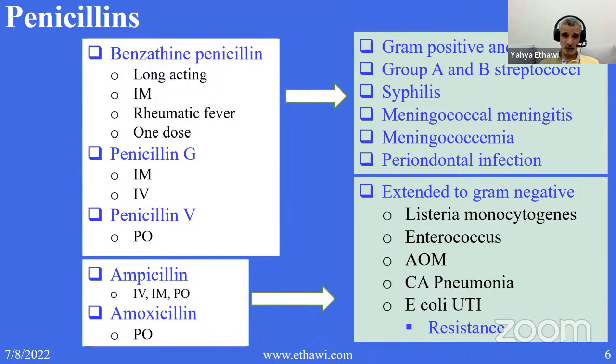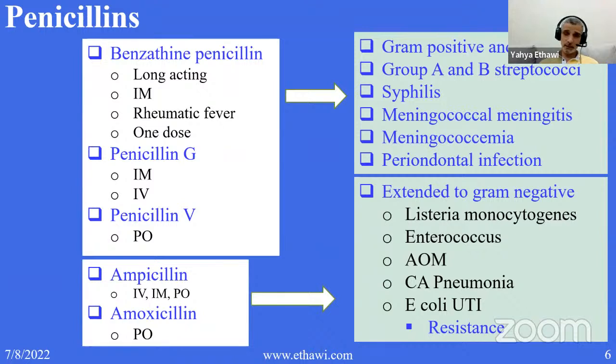It's a very specific antibiotic. So we use it for streptococcus, for example group B streptococcus in the neonatal period, or group A streptococcus in pneumonia. We also recommend it for 10 days of use for syphilis. Penicillin V has exactly the same action, but it's oral.